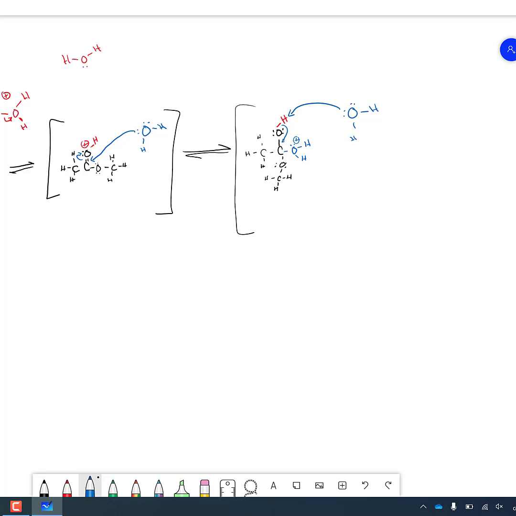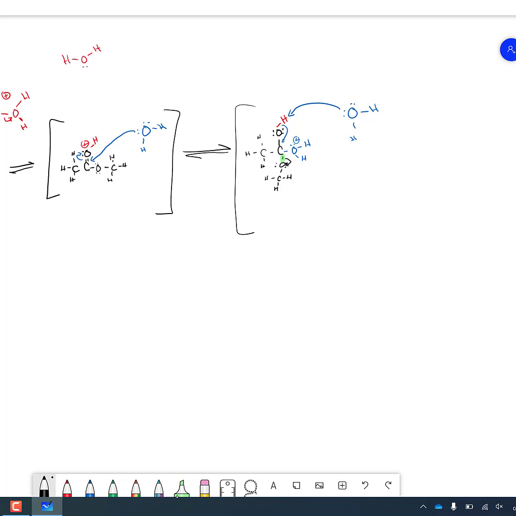And what we'll see is that that's going to essentially force the carbon-oxygen electrons here to deposit onto that oxygen.